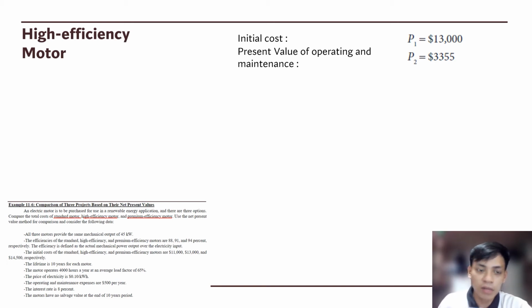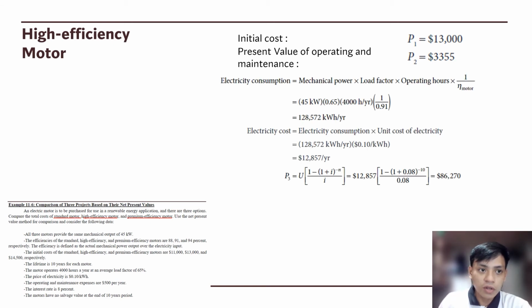By repeating the process, the high efficiency motor has an initial cost of $13,000. And since the operating and maintenance expenses are the same for all motors, we will use the present value computed a while ago, which is $3,355. That is the second present value for the high efficiency motor. For the third present value, with an efficiency of 91%, the high efficiency motor consumes 128,572 kilowatt-hour per year of electricity with a cost of $12,857 per year.